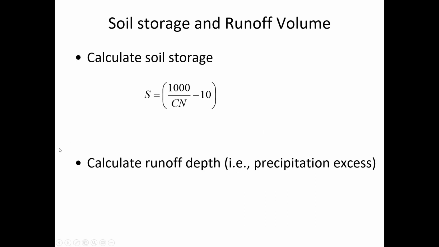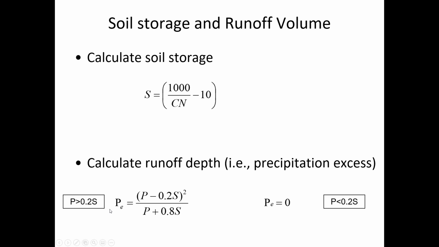And then the NRCS equation, like if someone said write the NRCS equation, it's this. It's the relationship between storage, precipitation, and precipitation excess. And so if you have the initial abstractions satisfied, then this equation applies. But if the initial abstractions aren't satisfied, then there's no rainfall excess. And so if P, the precipitation depth, is greater than 0.2 S, remember 0.2 S is the initial abstraction.